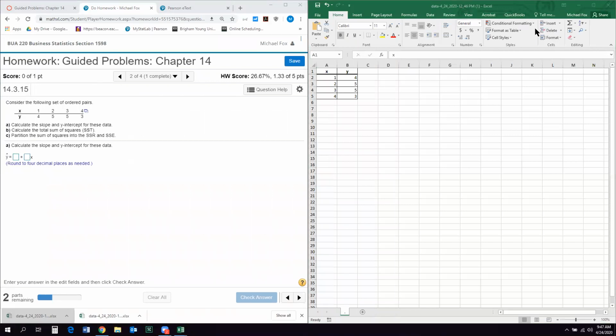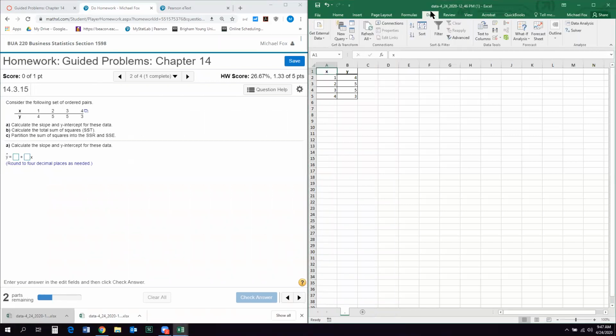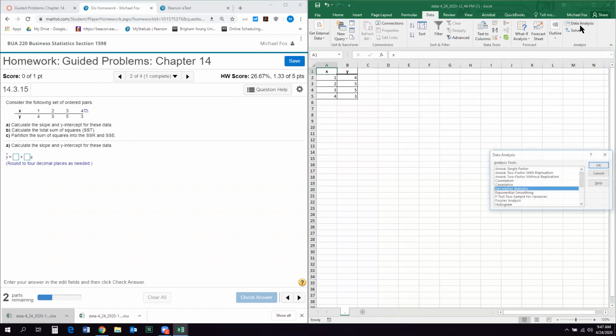All right. So in Excel, under data, I have this data analysis tool. If you don't have it in yours, it means you have to add it. It's an add-in. You go to File, and then you go down to the bottom and do options. I can show you how to do that. We did it earlier in the course. So I'm going to choose regression for the analysis tool.